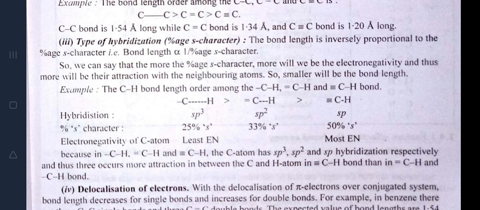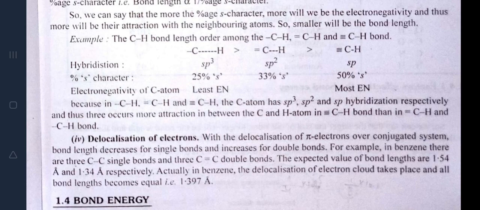For example, the carbon-hydrogen bond length order among the carbon-hydrogen bond in a single bond, double bond and triple bond compounds. The carbon-hydrogen bond gives 25% S character, the carbon-carbon double bond gives 33% S character, and the carbon-carbon triple bond gives 50% S character.